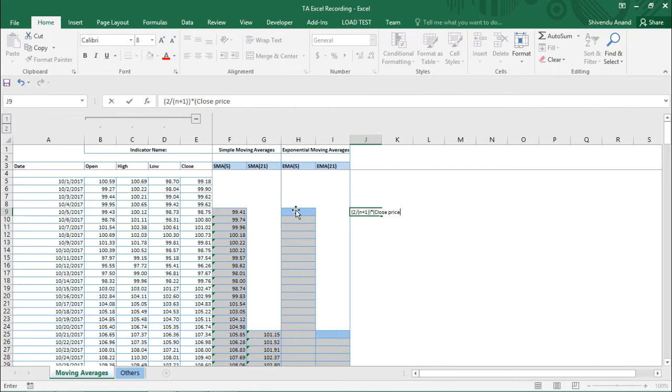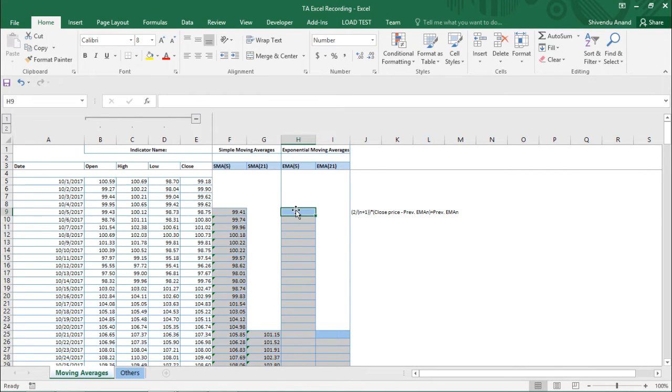Hence we say close price minus the previous EMA for n period bracket close, whatever is the result will be adding previous EMA for n period into this. So plus previous EMA for n period.